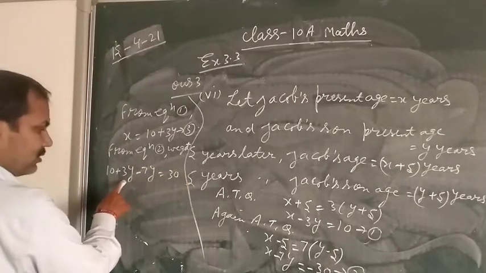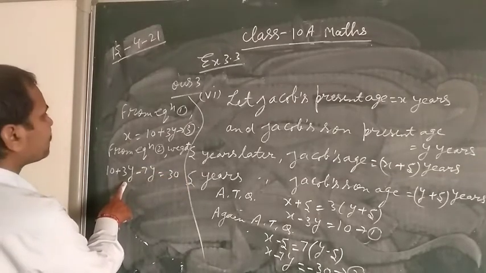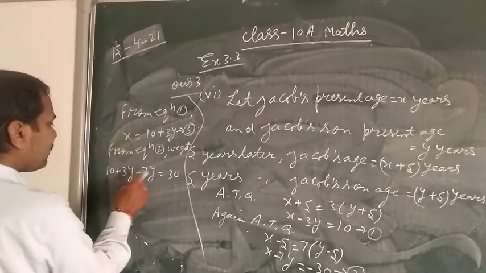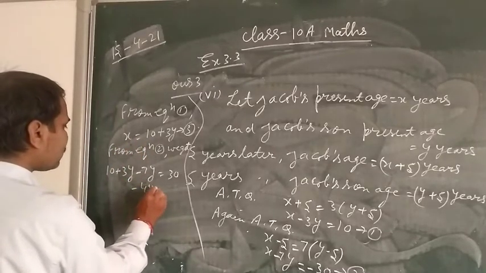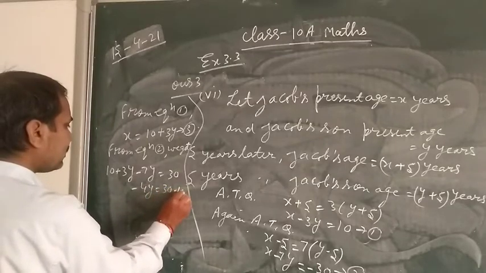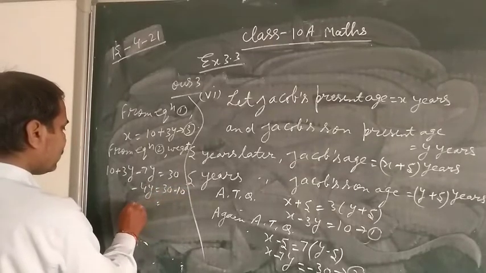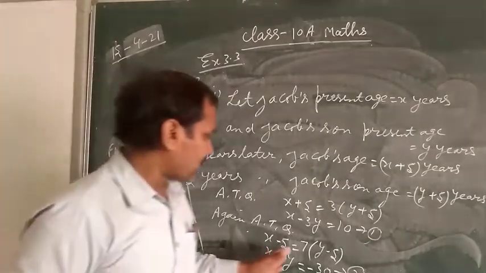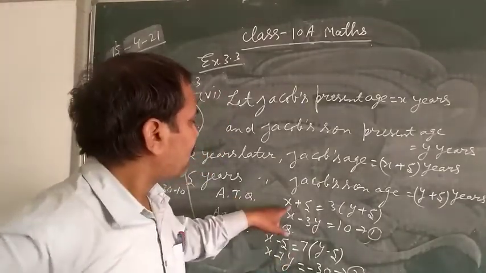So putting x is equal to 10 plus 3y, so 3y minus 7y, minus 4y equal to minus 30 minus 10. So this will be minus 40. Some mistakes are coming. One time check it.